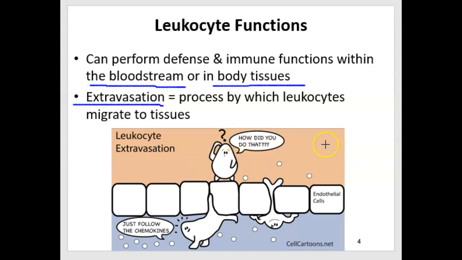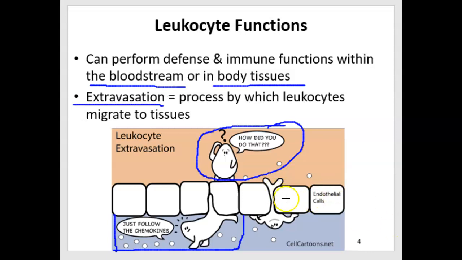And so in the blood here, we have a white blood cell watching other blood cells extravasate out of the blood vessel. And in the cartoon, you see that this white blood cell is saying, just follow the chemokines. Well, chemokines are just molecules that attract white blood cells to a certain site. And so the white blood cell is attracted along a gradient of these chemokines.